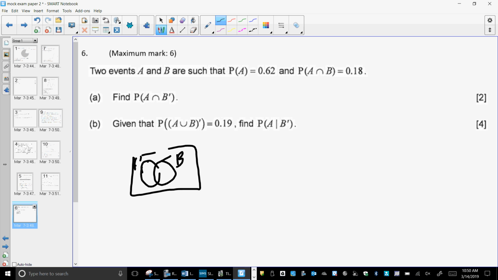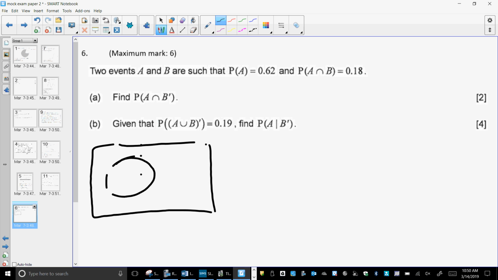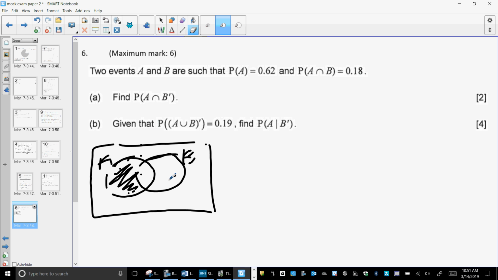A and B. There's A, B. So A intersect B dash would be, B dash, it's this bit here. Okay, so A intersect B dash would be this section here.